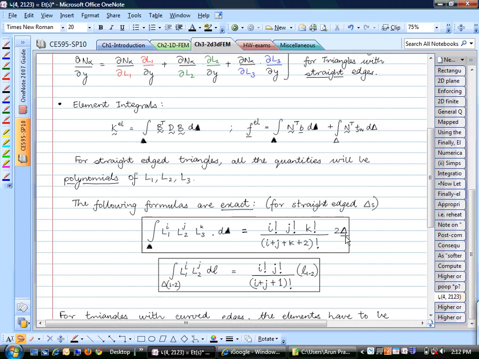Delta is the area of the triangle. And similarly, if you want to calculate the boundary terms, these boundary terms, for one edge, they have L1 times L2 to the power I and J. They can be calculated using this formula. So for any higher order triangle, you can actually integrate the weak form exactly. And that will help you to preserve the order of convergence.